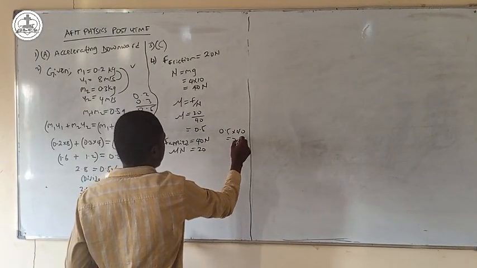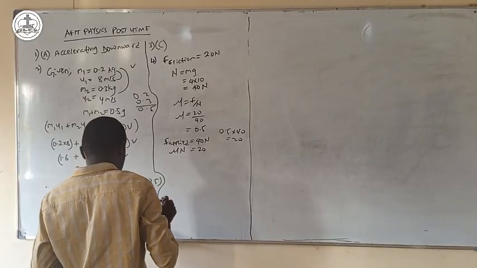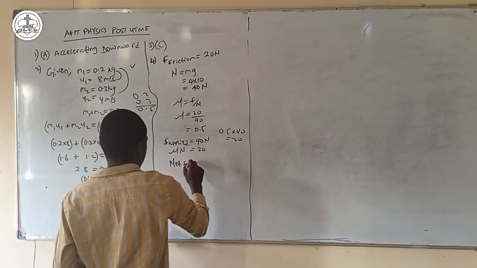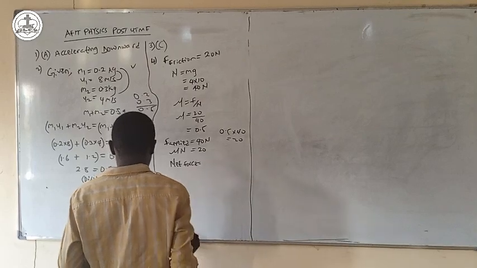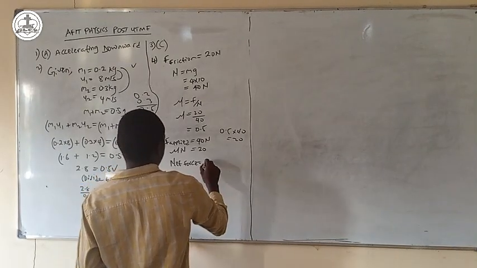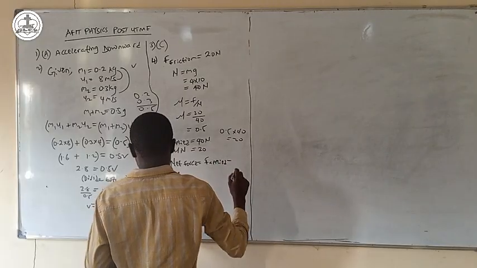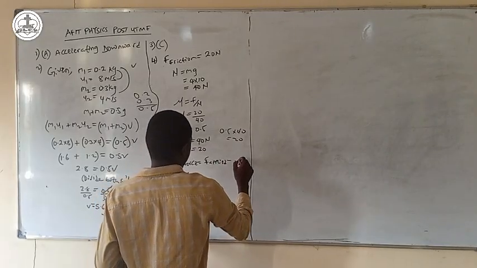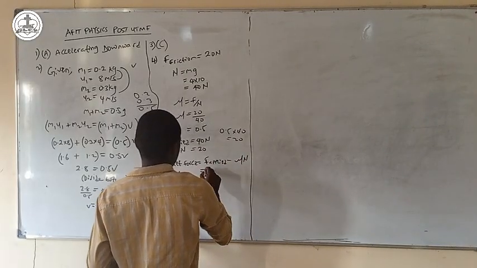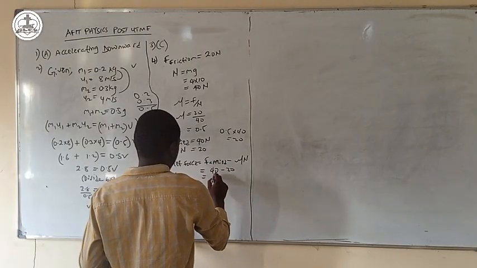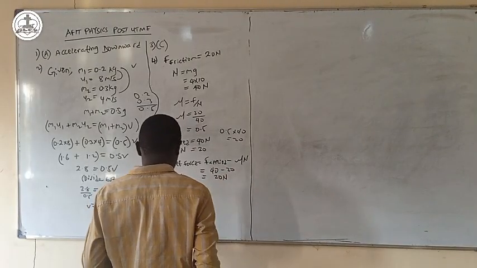You have 20. And net force is equal to the force applied minus this. So it's equal to 40 minus 20, which is equal to 20 Newton.